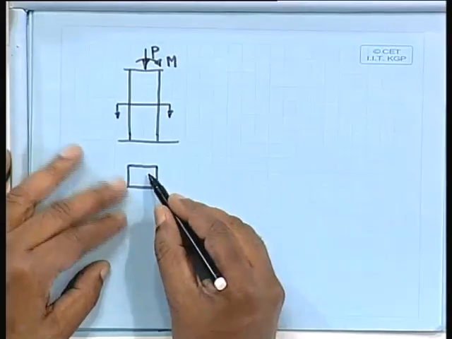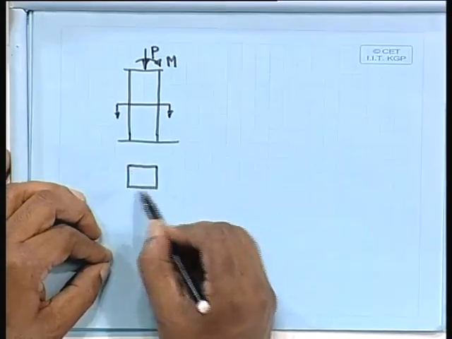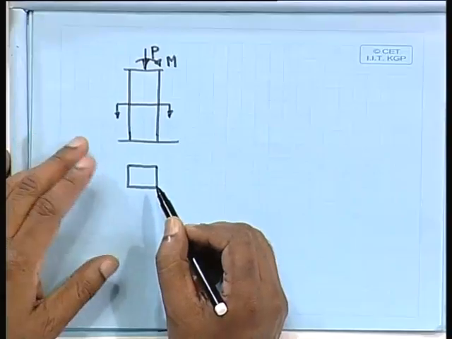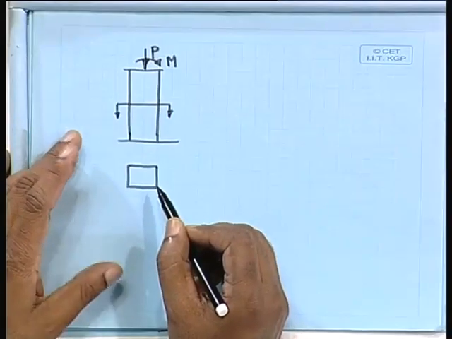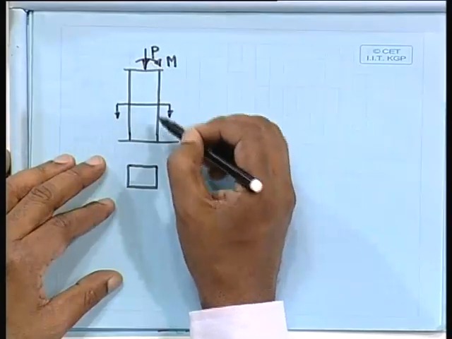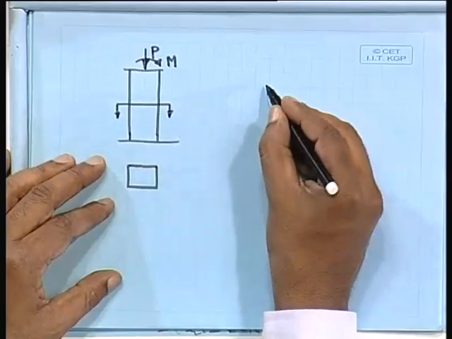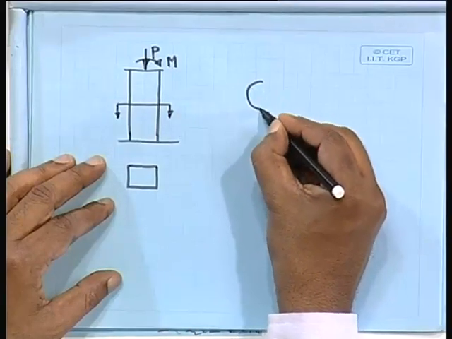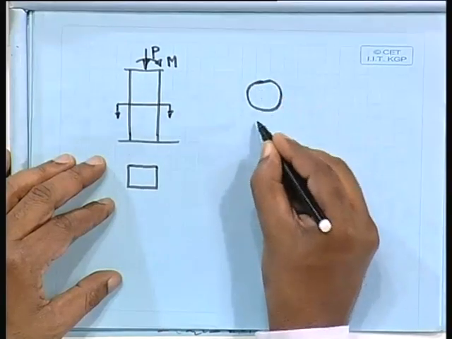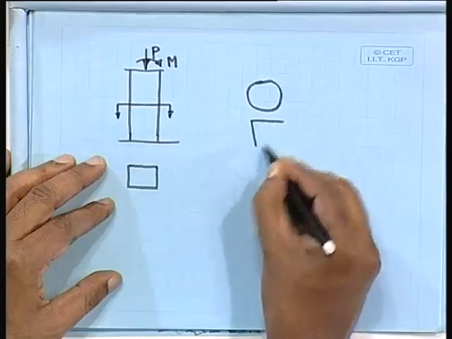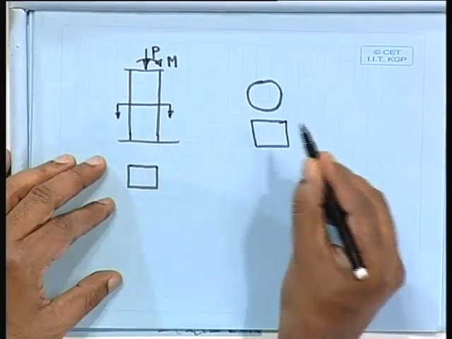Not necessarily will we make this column square; we can make it rectangular also. If it is axially loaded, we can even take it circular if required. Square does not matter, rectangular also.